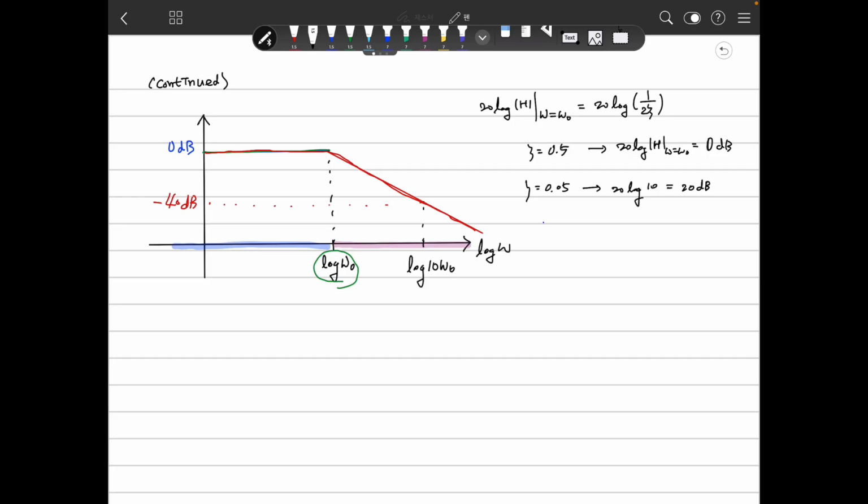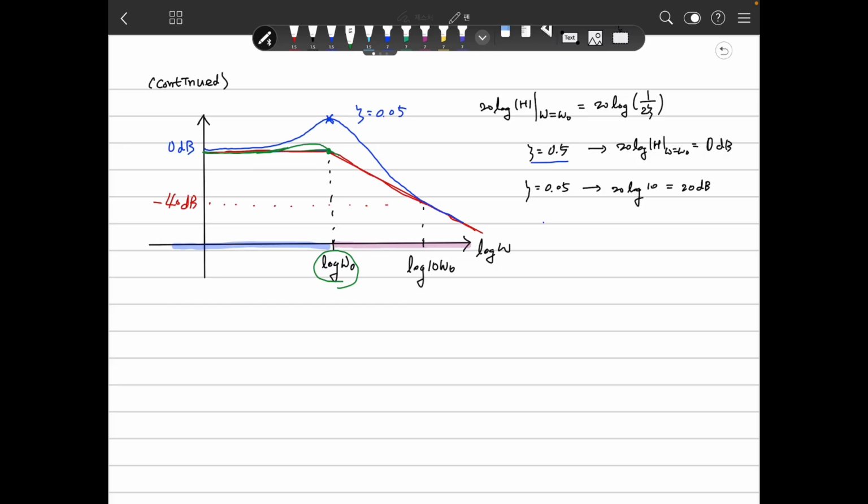So for example, when zeta is 0.5, that means here is the point. In this case, the Bode plot looks like that, in this manner. When zeta is 0.05, in this case, it looks like we go close like that, then the line looks like that.